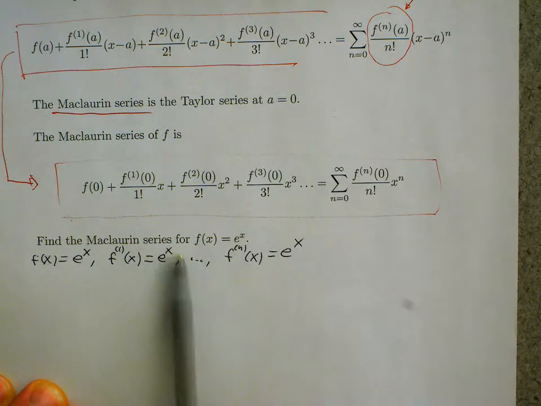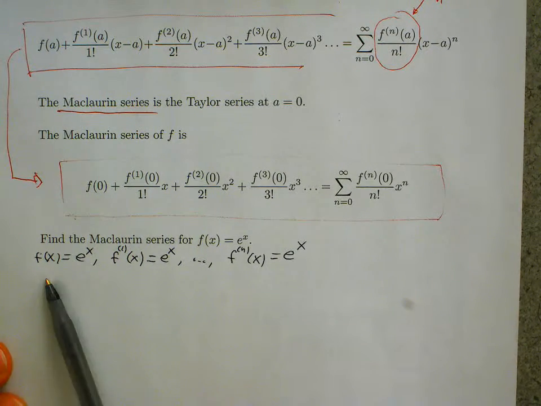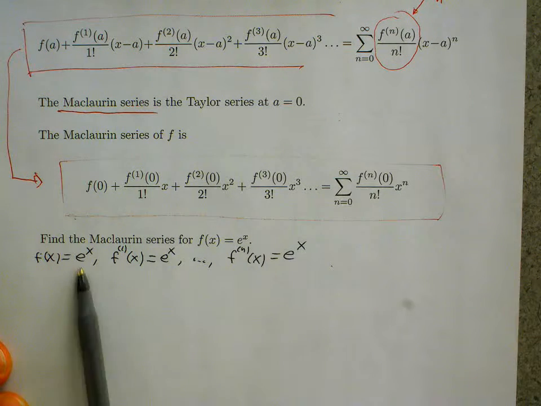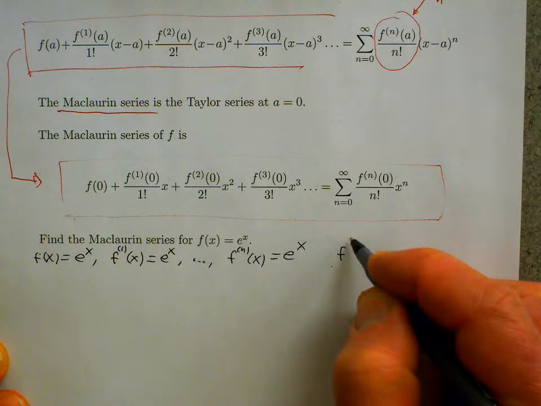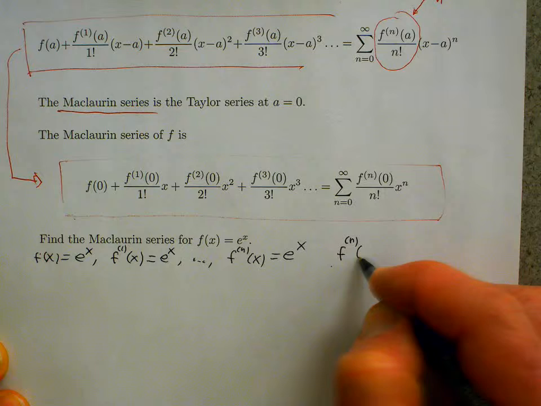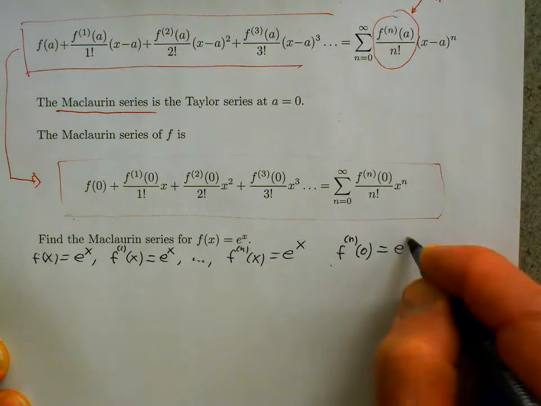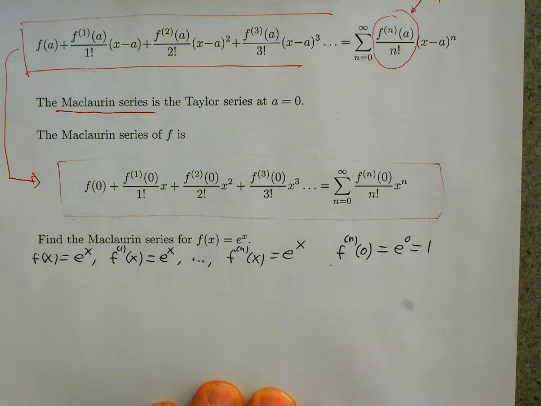Okay, for the Maclaurin series, we want to evaluate each of those when x is 0. So e to the 0 is 1, so we can just cut to the chase. The nth derivative of f evaluated at 0 is e to the 0, which is 1, and this is for all values of n from 0 on.